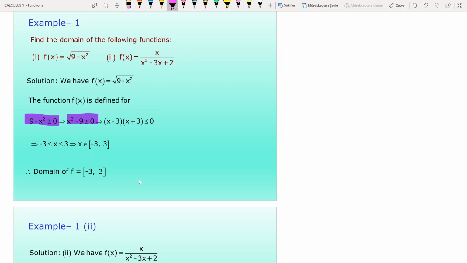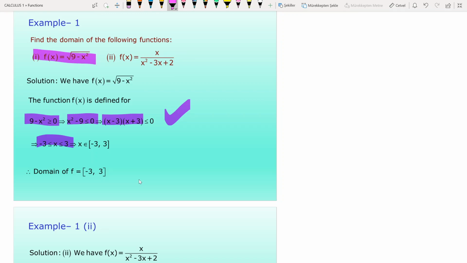Then if you factor x squared minus 9, that is, if you write x minus 3 times x plus 3 instead of x squared minus 9, then you have this inequality. In the next step, you see that x is in between minus 3 and 3. So this is the domain of the square root function.